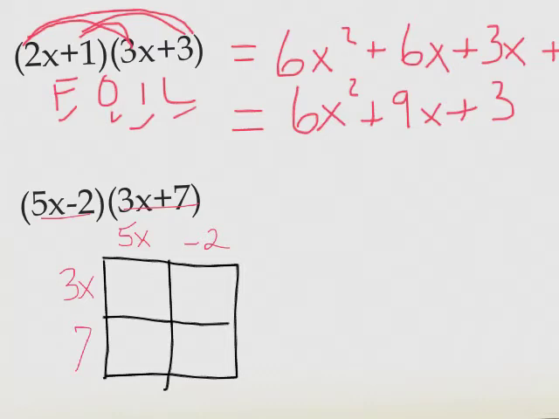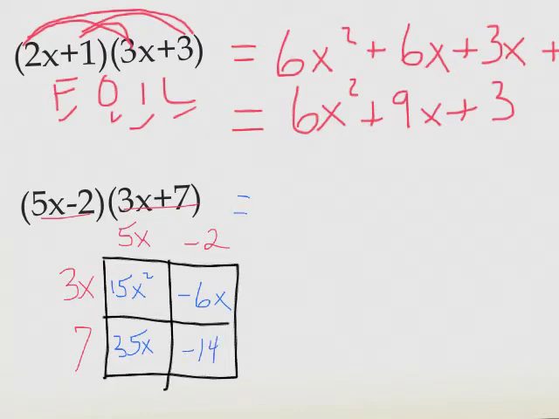So I have 3x times 5x. 3 times 5 is 15. x times x is x squared. Other box over here, 3x times minus 2 is minus 6x. Bottom left, 7 times 5x is 35x. And then 7 times minus 2 is negative 14.